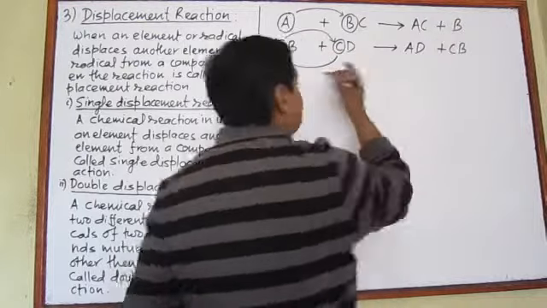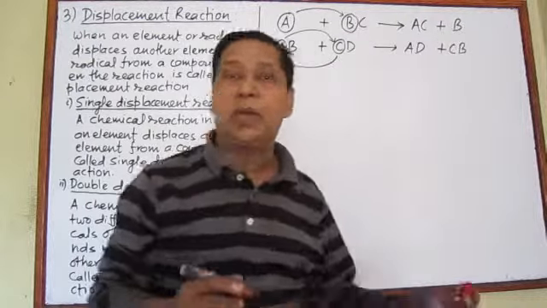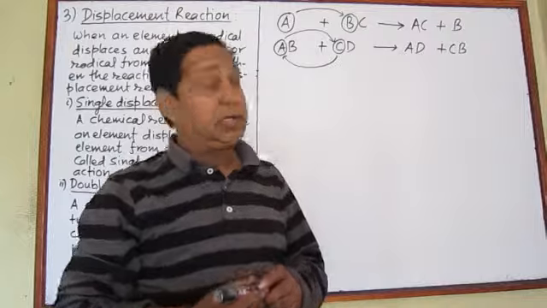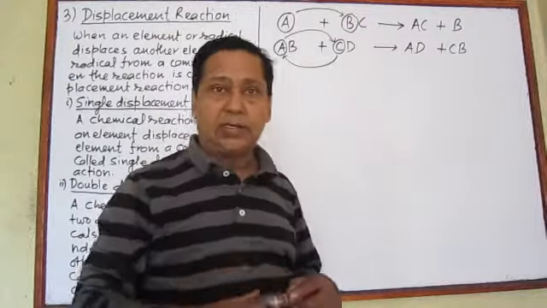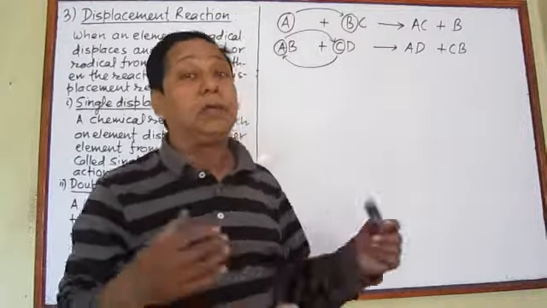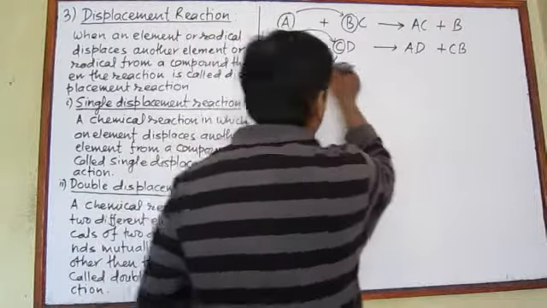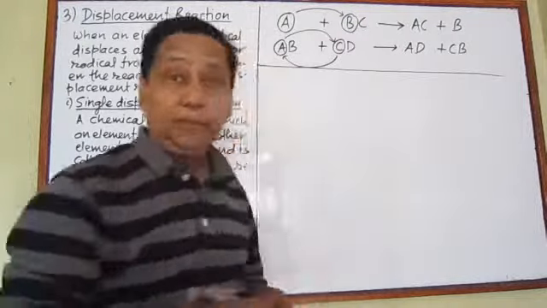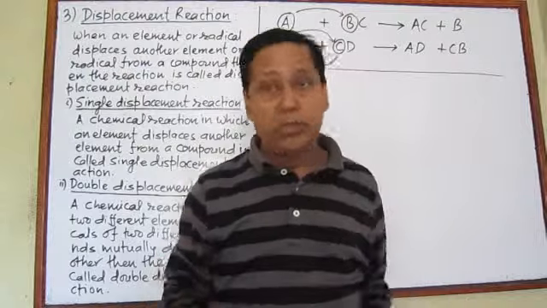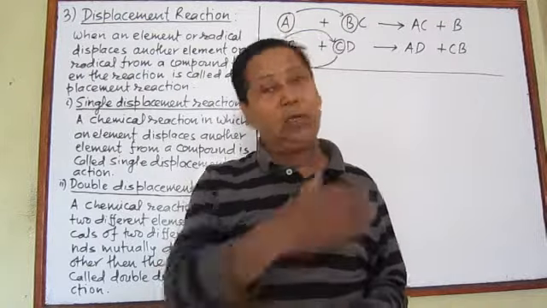That's why these are the basic examples of displacement reaction. But really these are not actual reactions. As I told you, this is to make you very clear about displacement reaction. Now I am going to take real examples. First, let's talk about single displacement reaction.